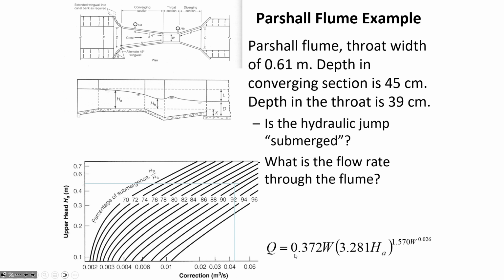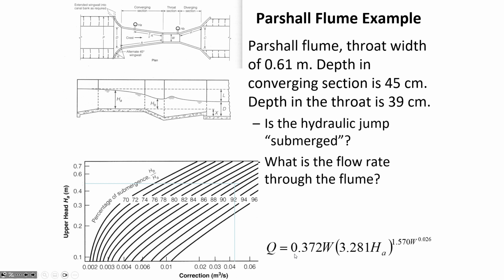So 0.372 times the throat width of 0.61 meters, times 3.281 times the upstream depth of 0.39 meters. And then that's to the power of 1.570 times the width, 0.61, to the power of 0.026.